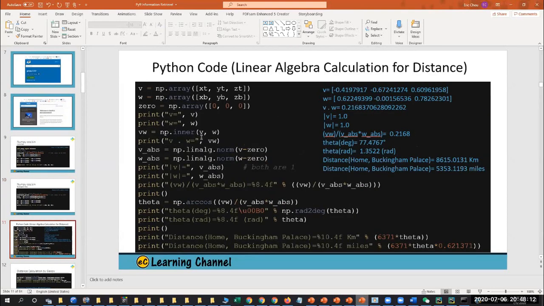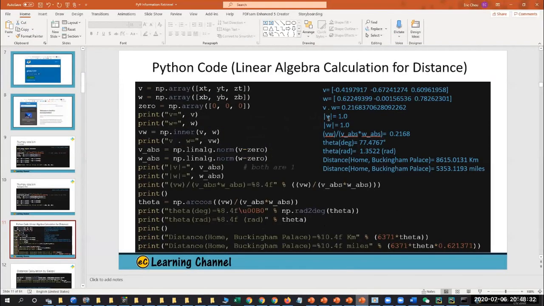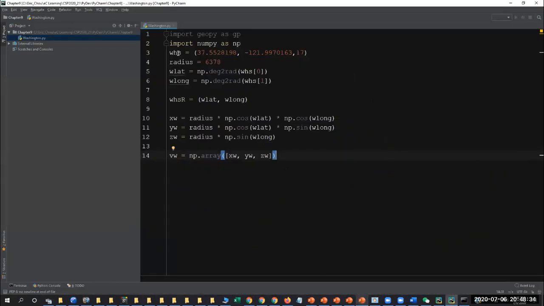So we would try to calculate the distance for the two. Okay, later. So here we have this one, there is a vector. And then let's try another point, a very close location.